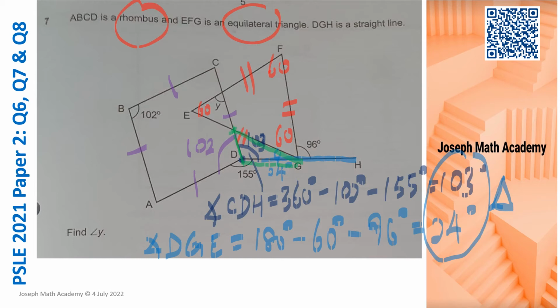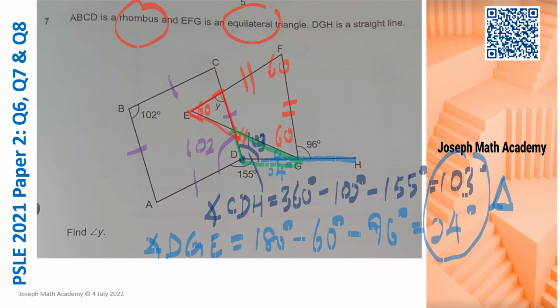Now our aim is to get towards angle Y. Angle Y is inside this red triangle here. Now do you notice that the red triangle and the green triangle have an angle that's vertically opposite to each other?